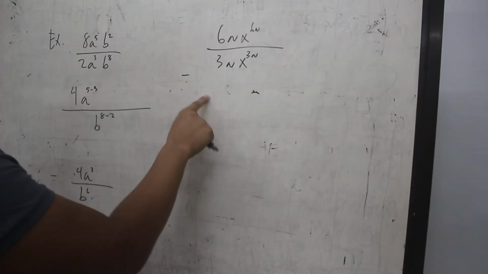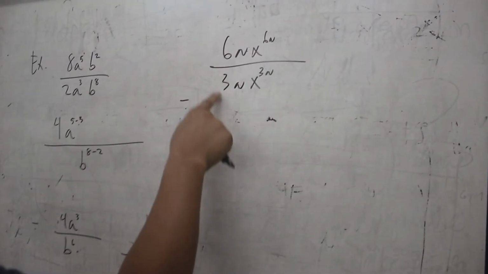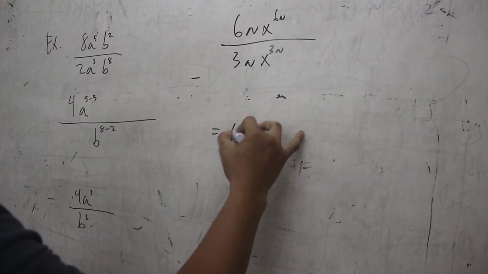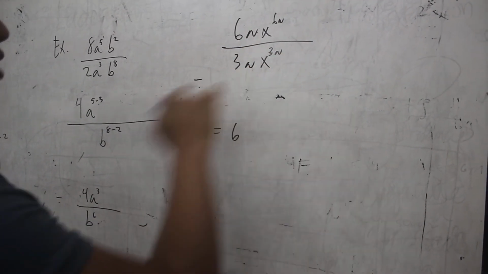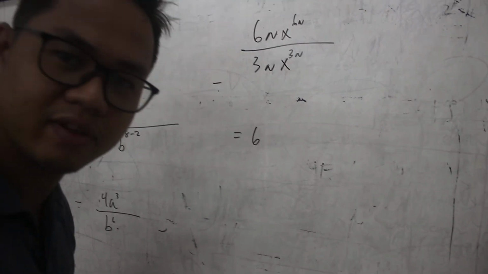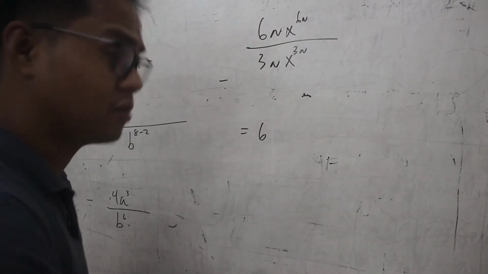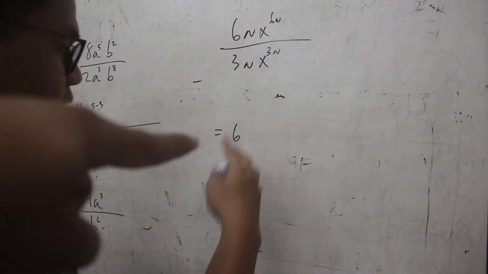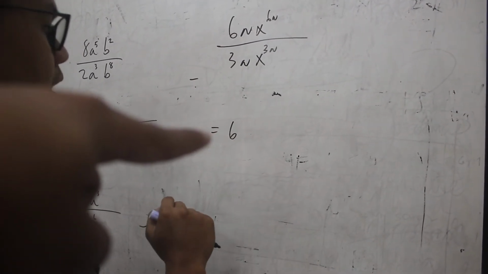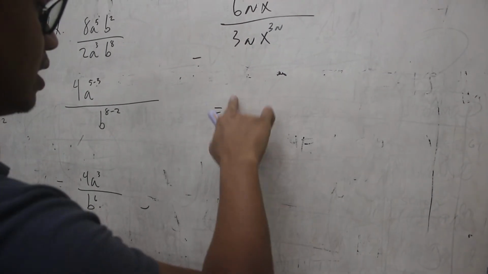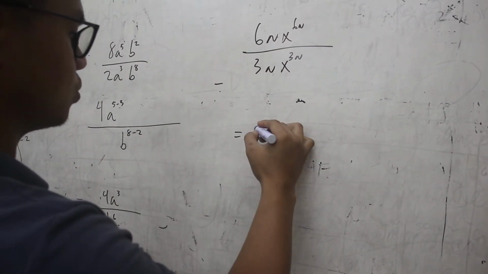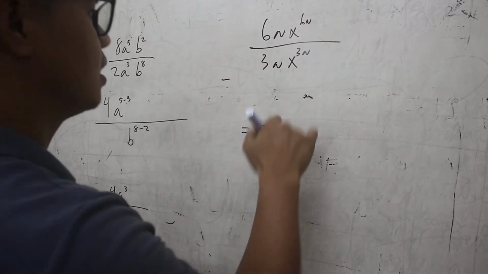Dito same lang rin. 6 divided by 3 is 2. n divided by n is 1, so pwede na hindi isulat ang 1. Ay, sorry. Dapat 2 pala. 6 divided by 3, 2. Thank you, Paul.